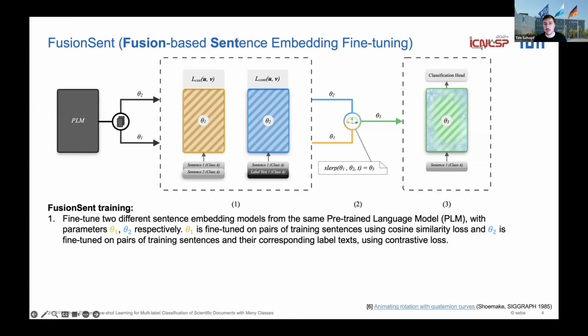The model with θ2 parameters is then fine-tuned on pairs of training sentences and their corresponding label texts using a contrastive loss. Specifically, this means we sample positive pairs from training instances and the label texts of the classes that are assigned to those instances, and negative pairs consist of training instances and label texts from different classes.